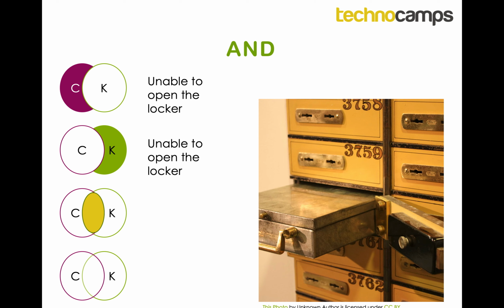You still can't open the locker. What if I have both? Yes, it will allow me to access the room and then open my locker. And what if I have neither? That means obviously you shouldn't be allowed inside the bank at all to even try, because you don't have the card or the key.